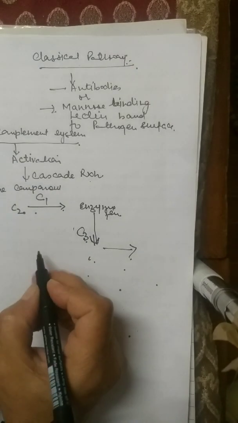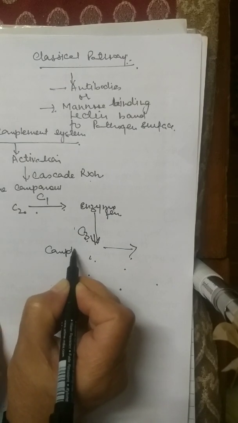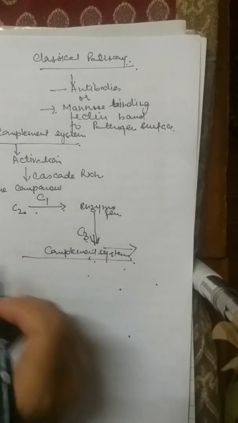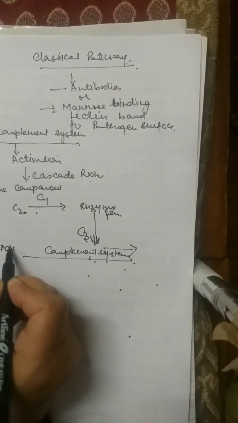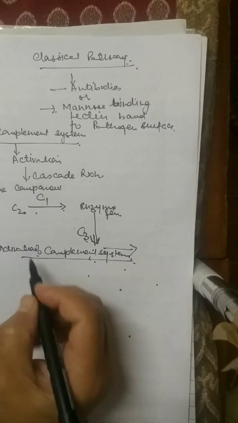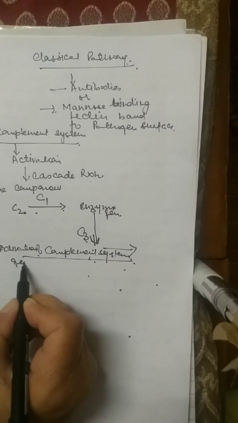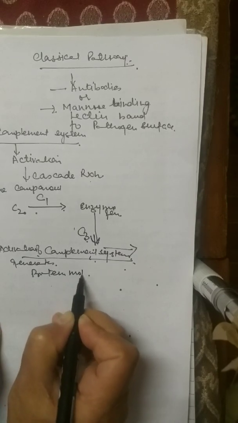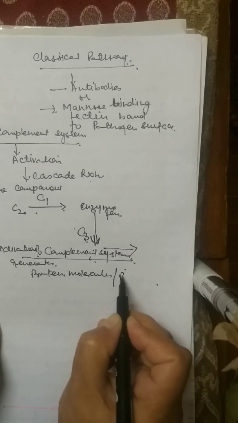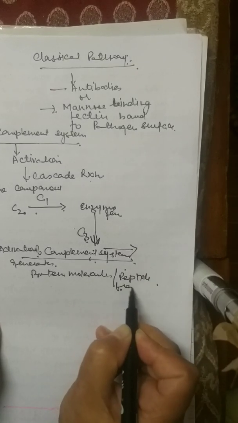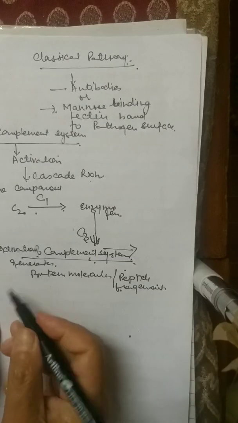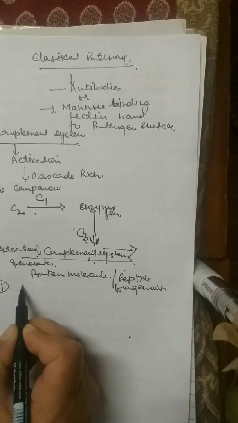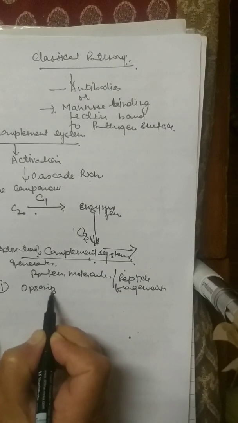So how does the complement system work? Once the complement system has been activated, it generates protein molecules or peptide fragments which have the following effects. What effects does it have? Opsonization.